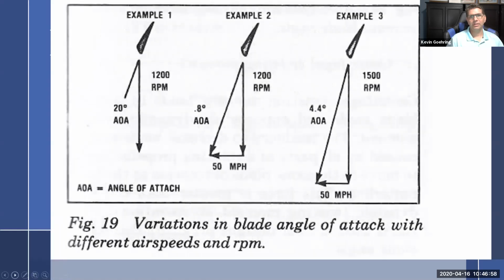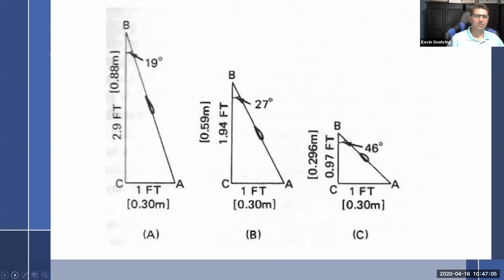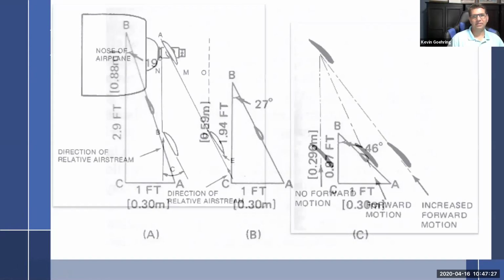This was to explain why it is pitched differently at different stations. It all has to do with how far the blade rotates per revolution.